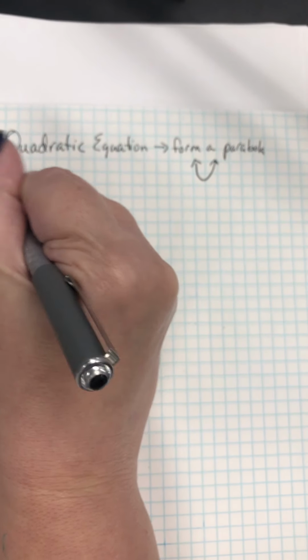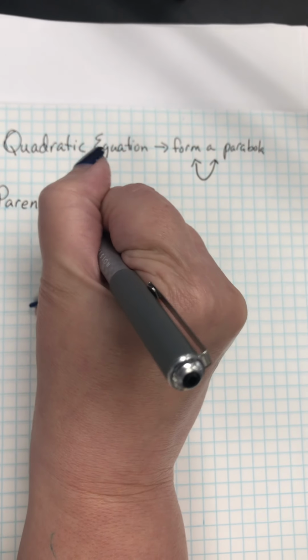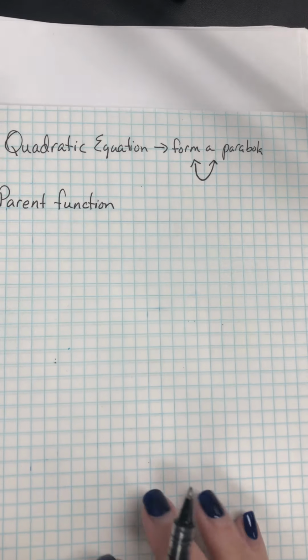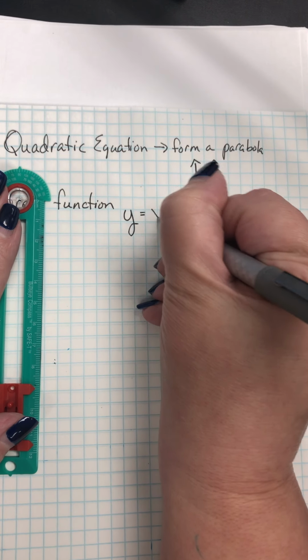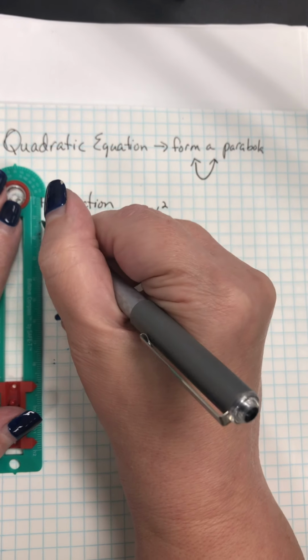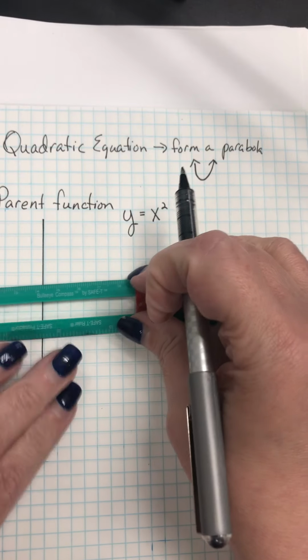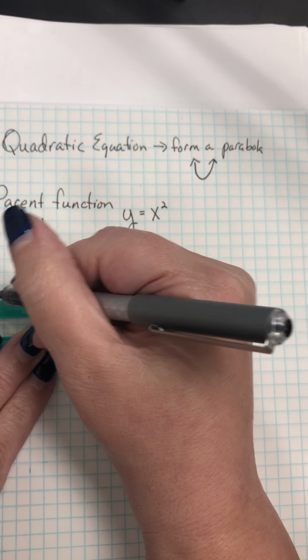Now our parent function for a parabola is y equals x squared. You will see pretty universally our parent functions have no visible, and I stress the word visible, numbers.